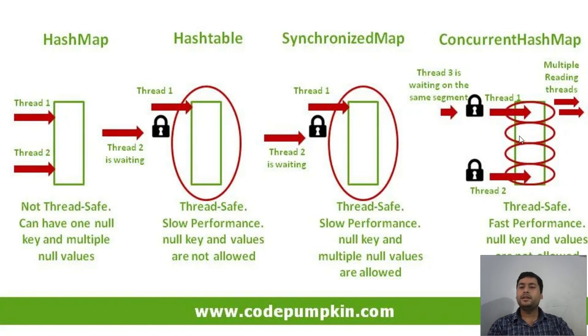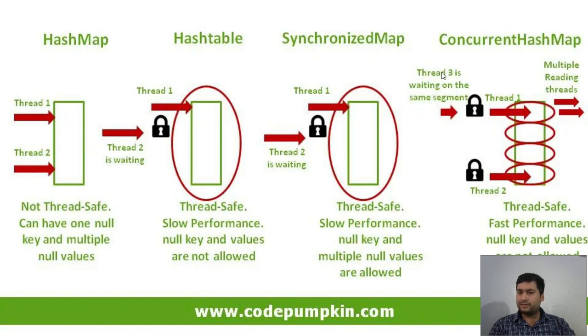So what it will do is, if multiple threads are working on the ConcurrentHashMap, thread 3 is waiting on the same segment as thread 1. For example, the ConcurrentHashMap will divide it so that every block is one segment. If in one segment or block one thread is doing an operation, then the other thread will wait.